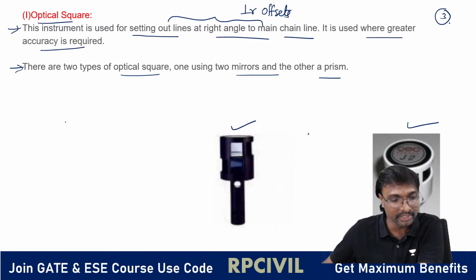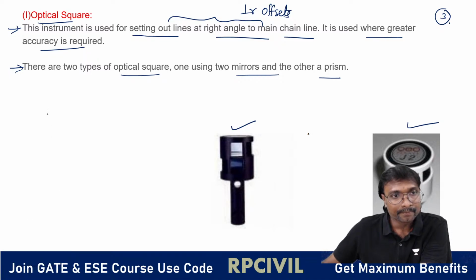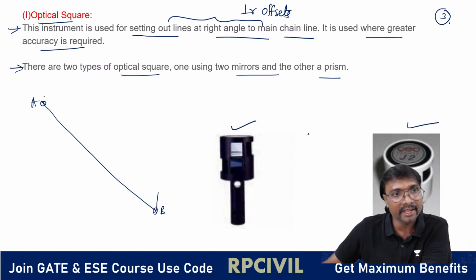Before we enter into this, suppose we want to show this. Let us say this is one line you are having. This is your point A on this line and this is your point B on this line, and these are your ranging rods at A and B. Then what do we need to consider?